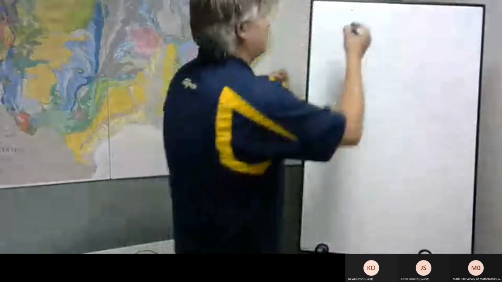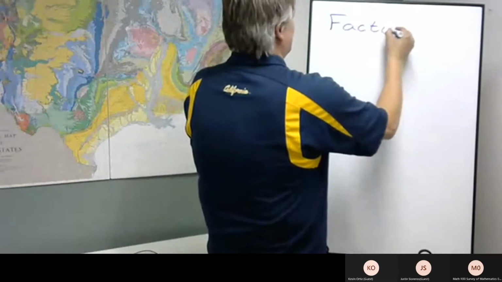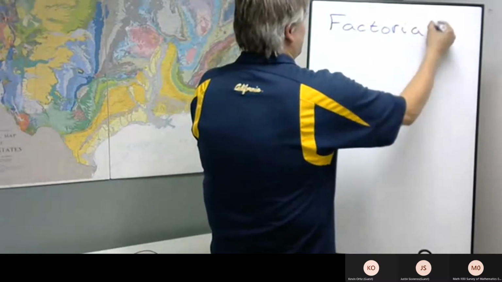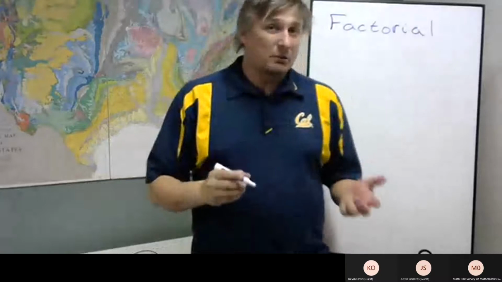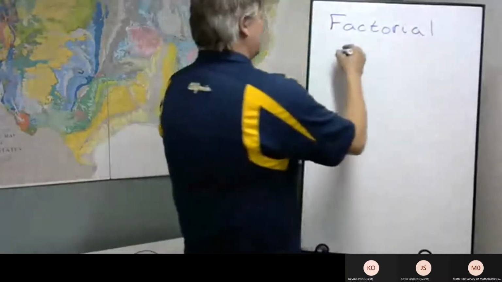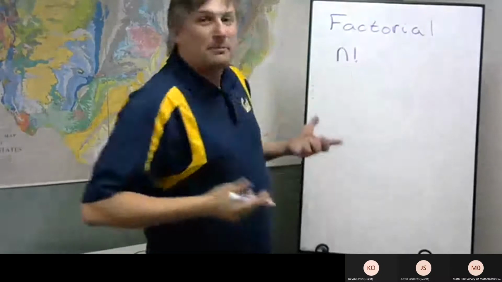But to do that, we're going to need a tool. And we're going to use this thing called factorial. So the way a factorial works, it's an exclamation point.